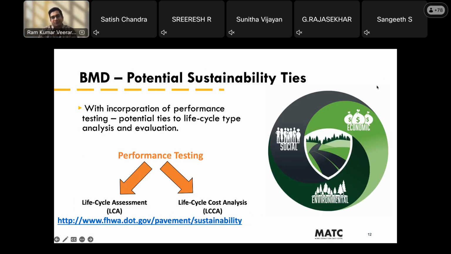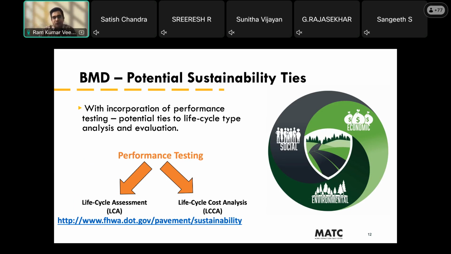One of the other advantages of using BMD is that it has the potential to significantly contribute towards sustainability in pavement design and maintenance. So one key aspect is that by using BMD in mix design, you're contributing to the overall life cycle analysis.